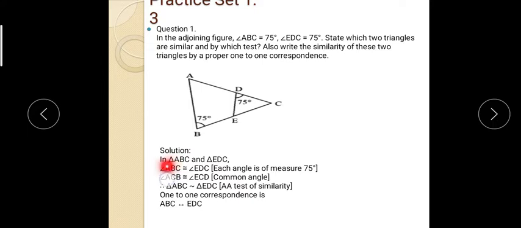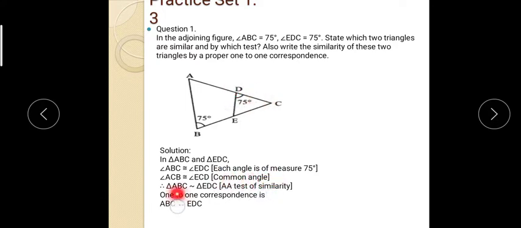Now see, in these two triangles, angle ABC is equal to angle EDC. The reason you know, because it is mentioned in the diagram, both have a measurement of 75 degrees. The second angle is angle ACB and angle ECD, so they are a common angle.